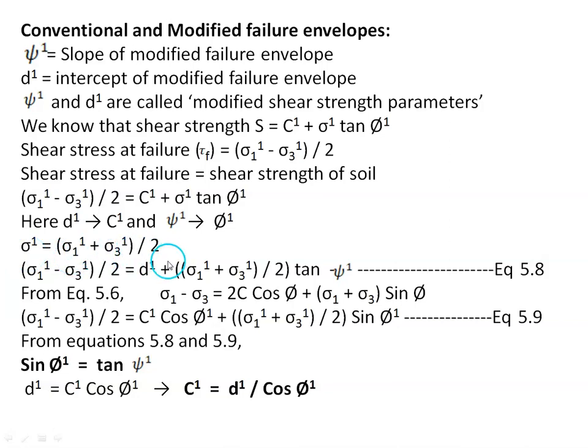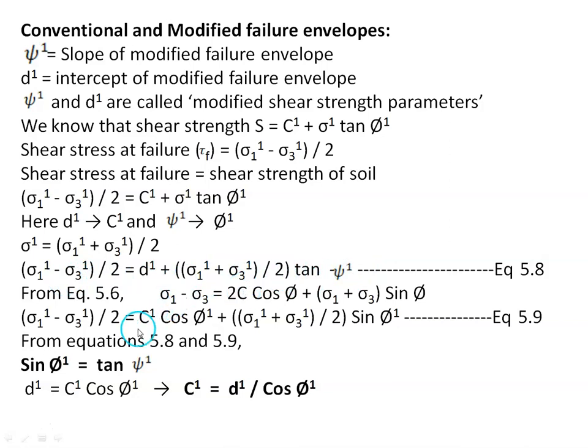Now if we substitute in this equation, then we can write sigma 1 dash minus sigma 3 dash by 2 equals d dash, which represents c dash, plus normal stress, sigma 1 dash plus sigma 3 dash by 2, into tan alpha dash, where phi dash is represented by alpha dash. So the same equation, if we write in terms of these modified shear strength parameters, we get an equation like this.